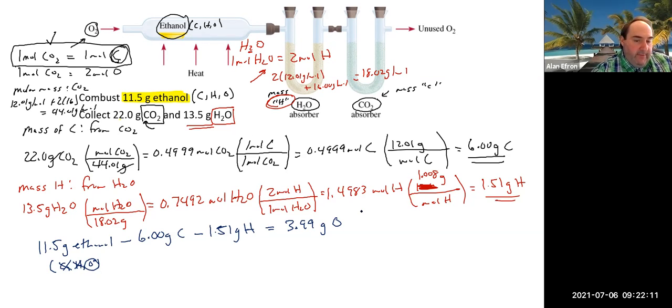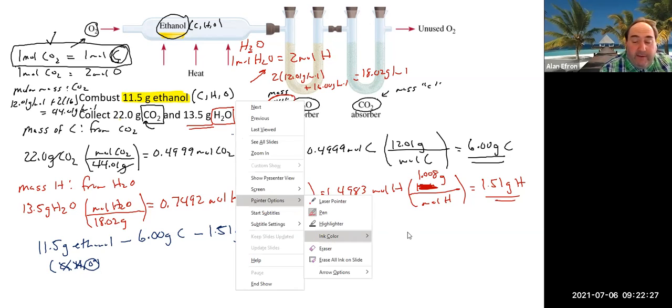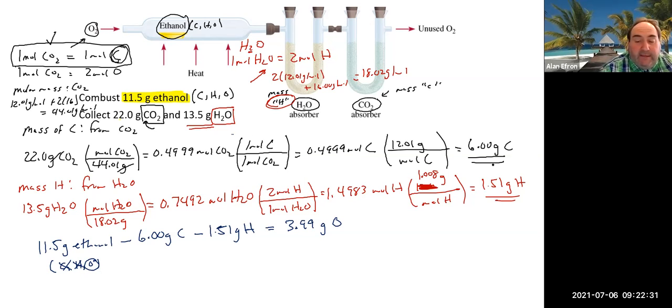Now that we have the grams of all 3 elements, we are ready to start the empirical formula part of the problem. All of this gets us to a point where we can go through our empirical formula steps, which means we take these grams and convert them into moles.